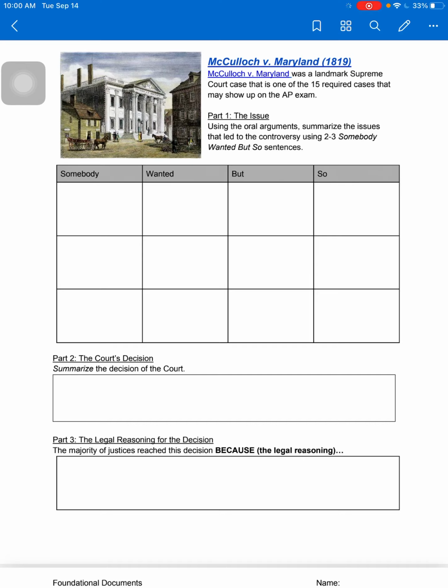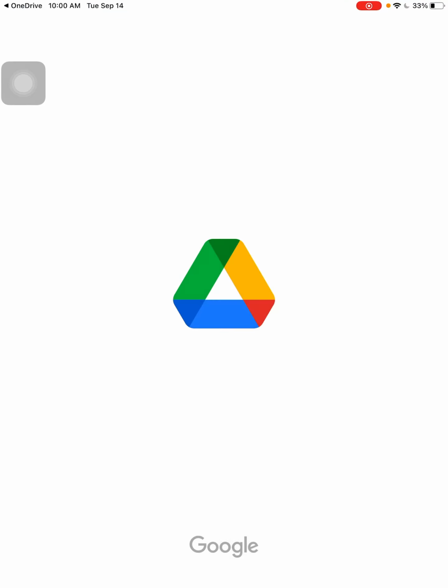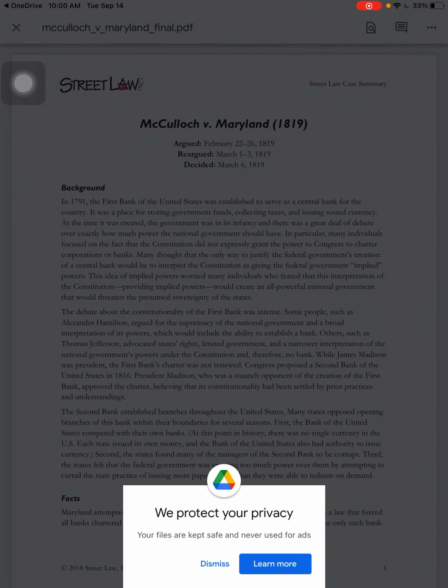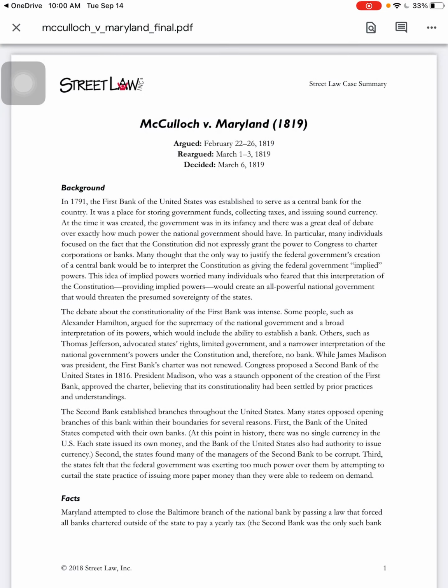So the first thing we're going to do is open up the hyperlink here, and we're going to open the first one. So this top one that says McCulloch versus Maryland 1819. And that's going to bring us to this Street Law overview of the case.